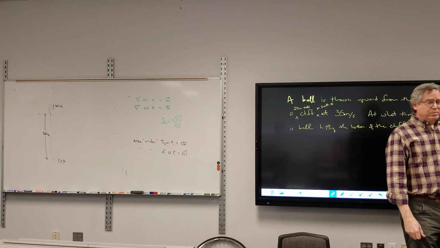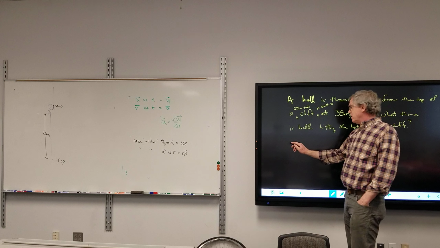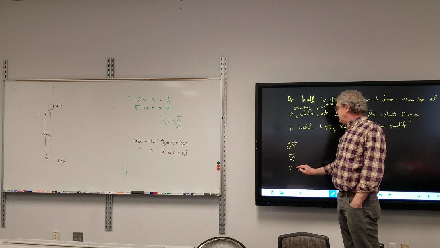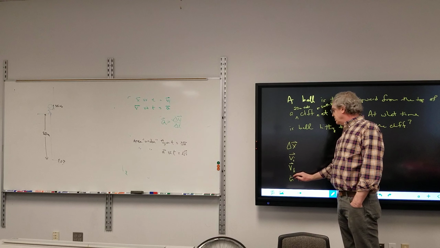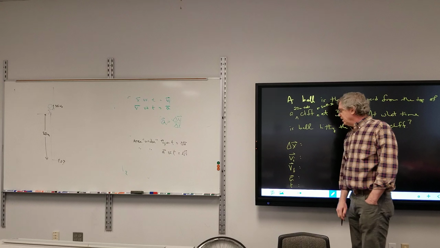As with any of these problems, we got the 5 basic quantities. So I'm just going to set up my chart here: delta x, v initial, v final, acceleration, and time. What do we know?